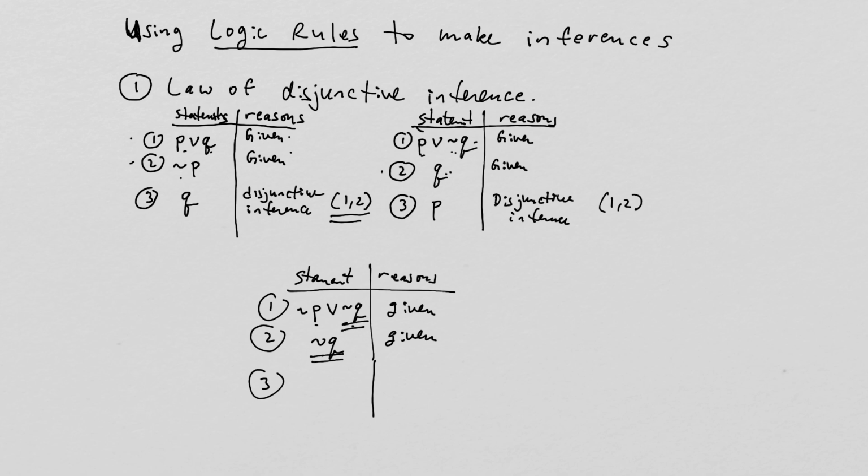So that means this thing here is true. So we can't say anything about P or about not P, because all we know is that part of this thing is true, which means this not P could be true or false. So I'm just going to write no conclusion can be made. And that is our first rule, which is called disjunctive inference.